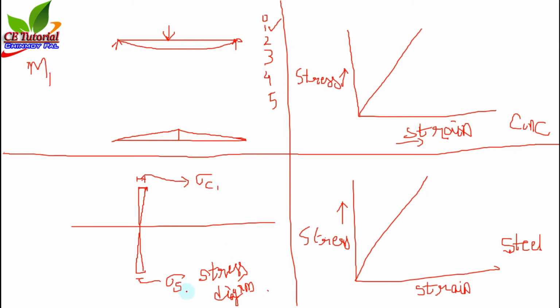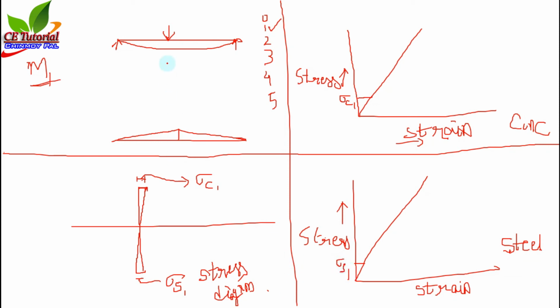Sigma c1 and sigma s1 will develop to resist this M1, and this sigma c is this value sigma c1, and this is this value sigma s1.